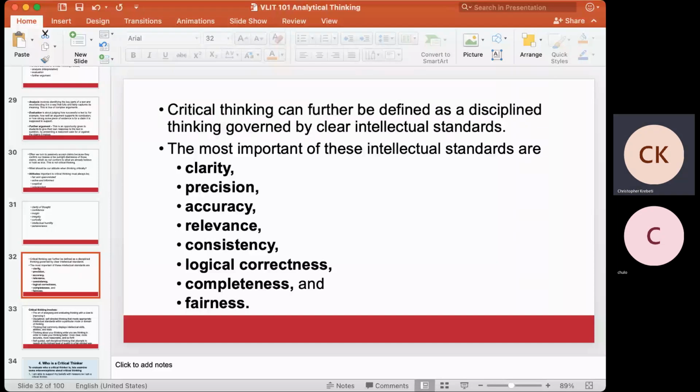We should make sure that we are logical and that our premises well support our conclusions. Completeness. Completeness does not entertain omissions, being deliberate about not reasoning completely, omitting premises and conclusions. We don't do that. We need to be complete. These are the intellectual standards that need to be inculcated and taken seriously.